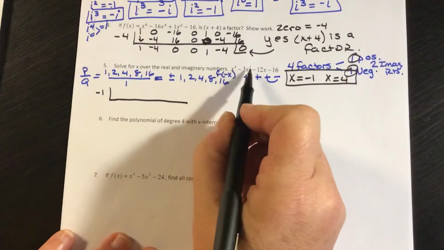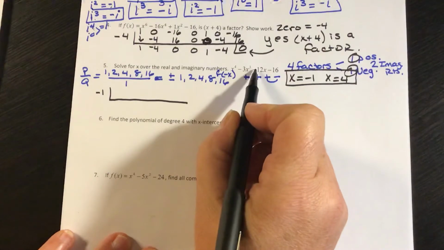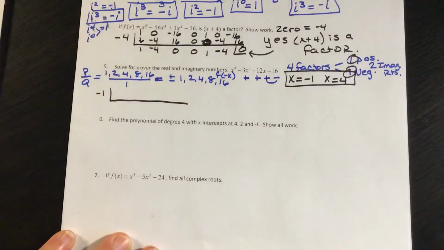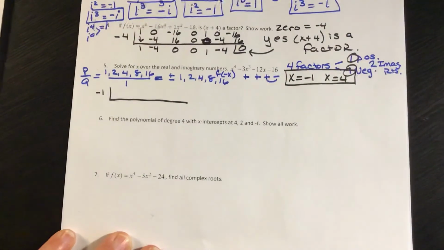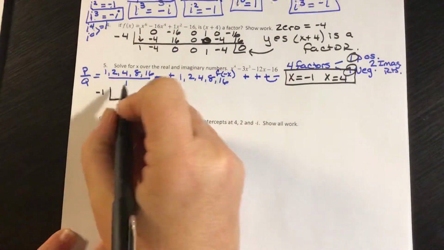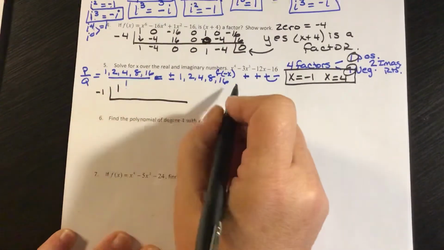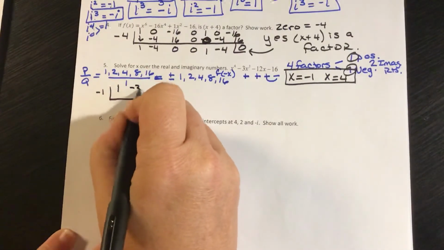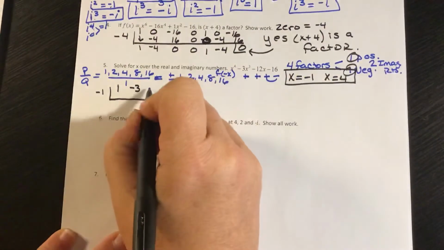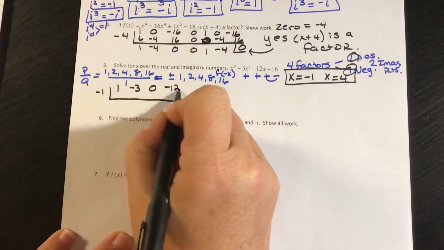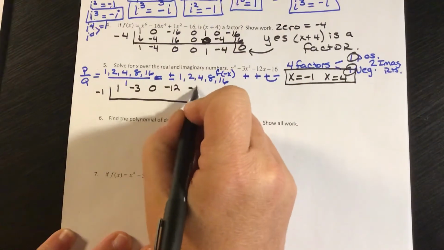I have a 4th, 3rd, I'm missing an x squared, so I have to hold that with a 0, and then 1 and 0. So the coefficient of x to the 4th is 1, x to the 3rd is -3, x squared I don't have, x to the 1st is -12, and then I have -16.